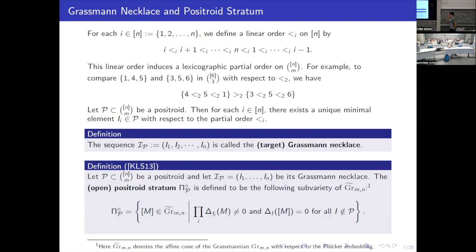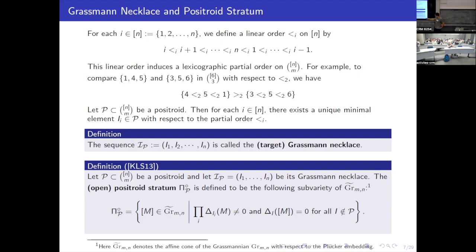Okay, so now I can finally talk about the algebraic thing. The positroid stratum for each positroid is defined to be the following subvariety. You take the affine cone of the Grassmannian. You can actually define it without the affine cone, but because I want to make the Plücker coordinates into actual functions, I take the affine cone.